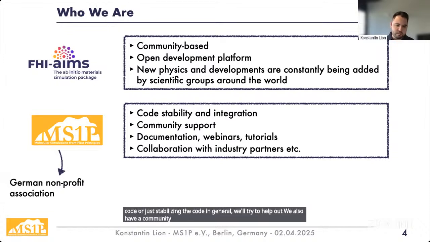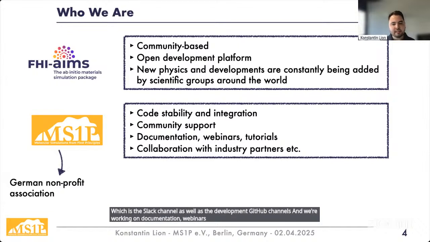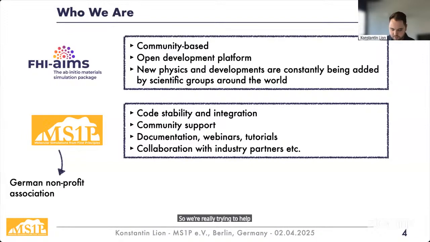We manage, for example, the community channels for FHI-aims, which are the Slack channel as well as the development GitLab channels. And we're working on documentation, webinars such as this one, online tutorials and conferences and so on, as well as collaboration with industry partners on specific research questions. So we're really trying to help the community as a whole that surrounds FHI-aims.